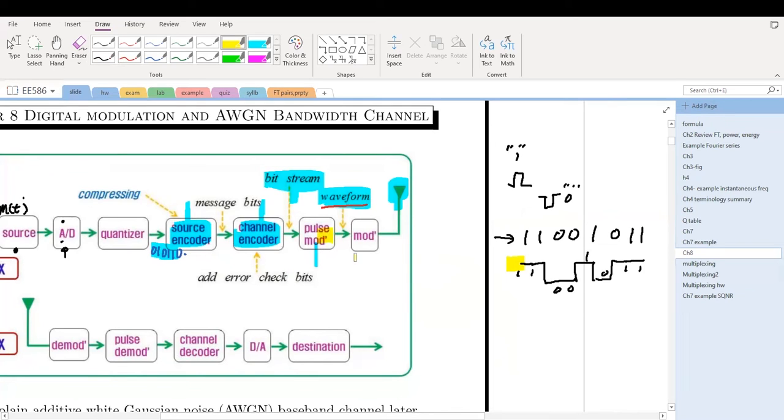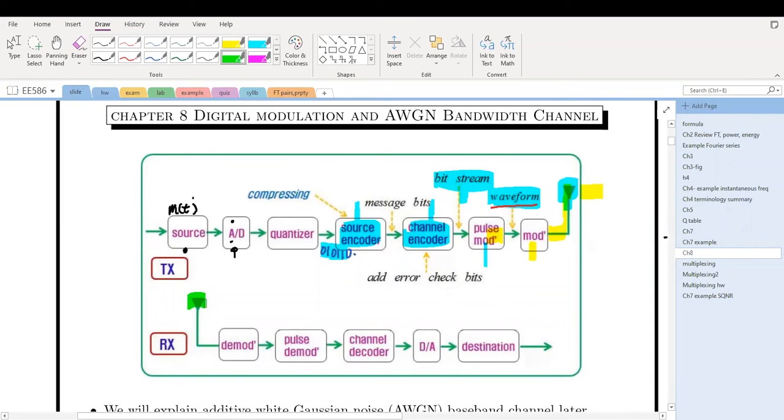After this step, we do modulation. This modulation brings this waveform into the high frequency band and passes it through the antenna, and the signal is transmitted to the channel. At the receiver, suppose this is a receive antenna, the signal is received ideally.